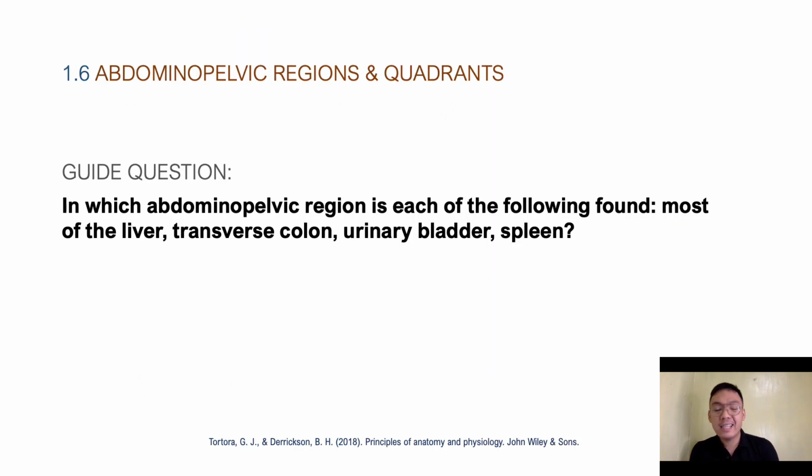Now, there is also a guide question. In what abdominal pelvic region is each of the following found? Most of the liver, transverse colon, urinary bladder, and the spleen.